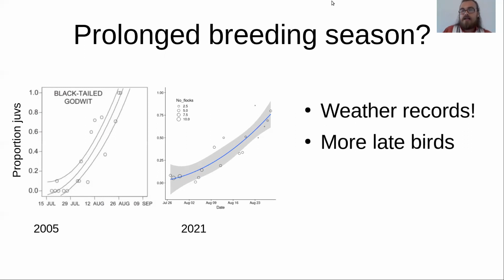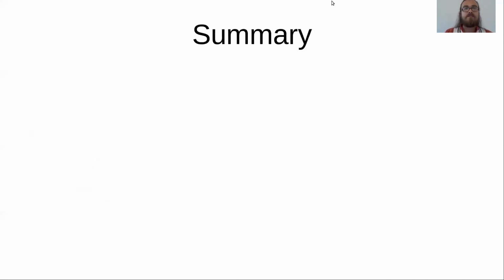And it does seem like there's perhaps a lot more late birds. So a lot of adults hanging around later, and juveniles also staying around in Iceland long after I had left. And this might be because breeding was delayed, or because the warm later part of the season gave them more opportunities to re-nest. All right, so let's wrap this up.